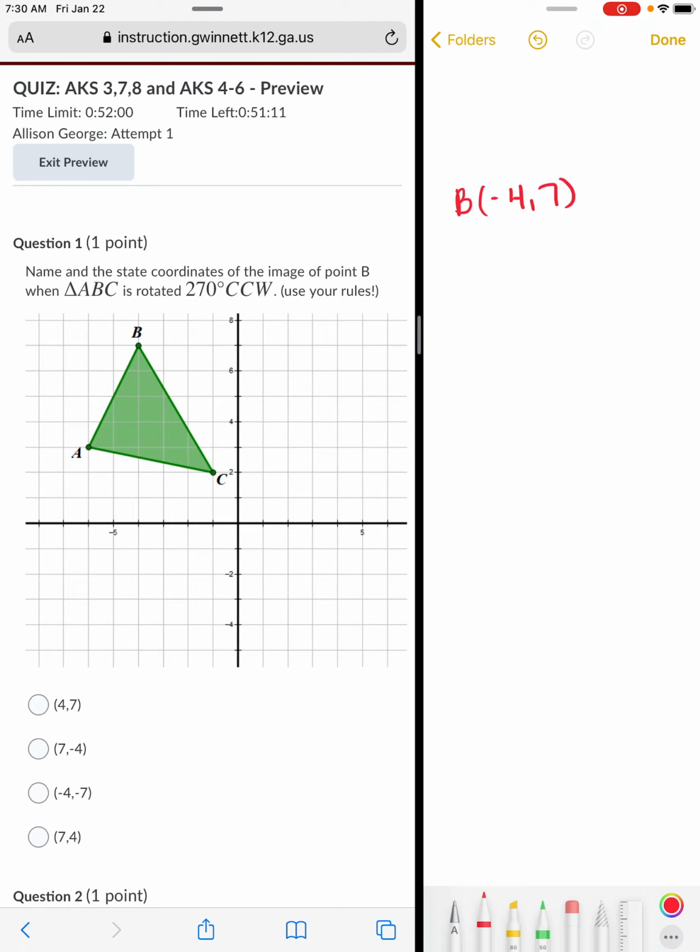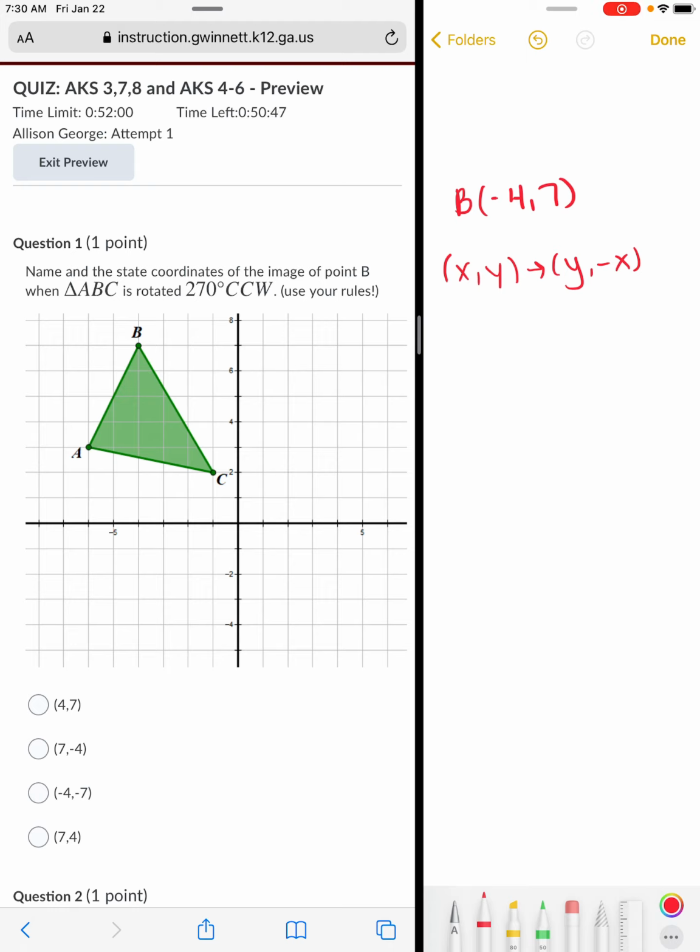All right. Second step is to look for the rule for the transformation it's asking for. So if I want to rotate 270 degrees counterclockwise, the rule is that (x, y) becomes (y, -x). So I'm going to use that to find B prime.